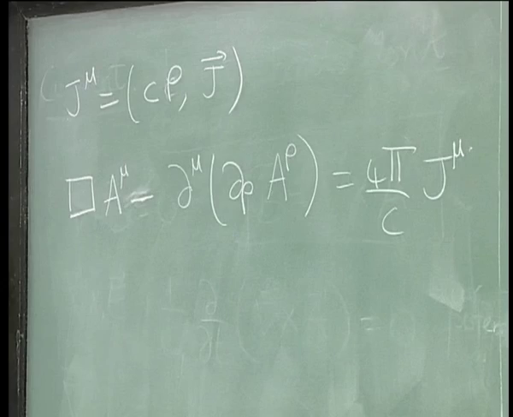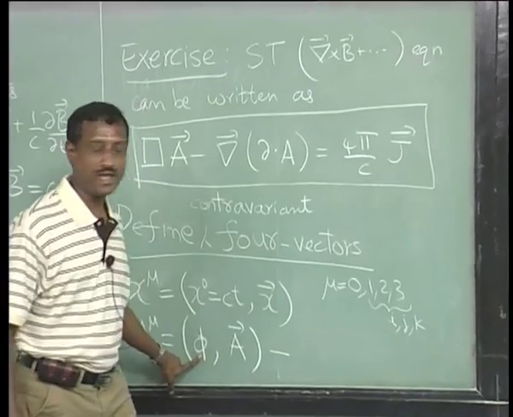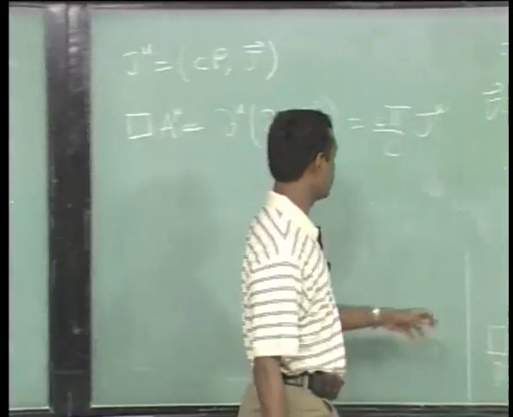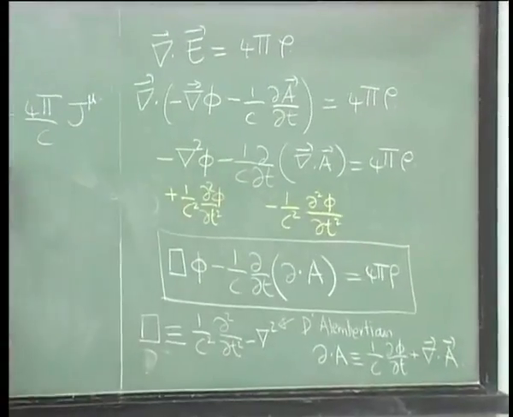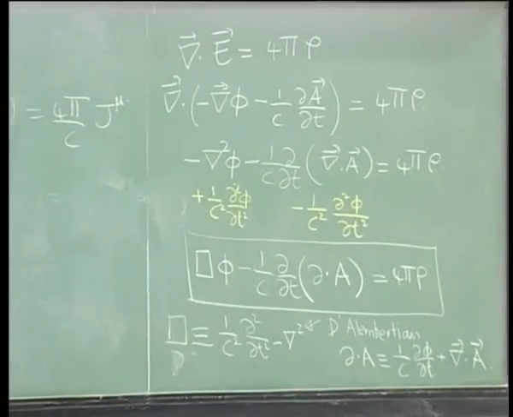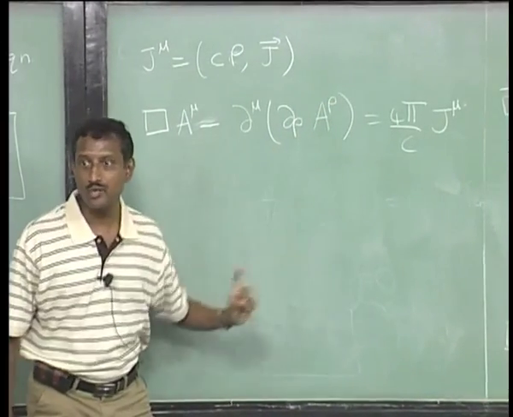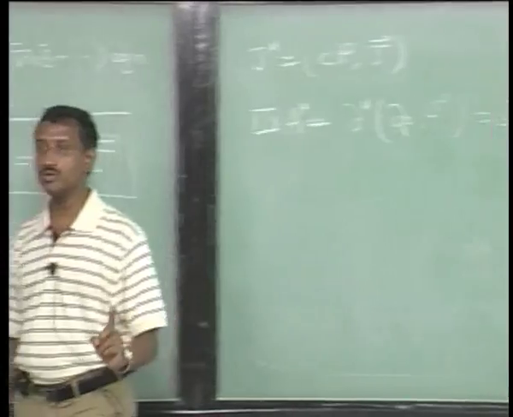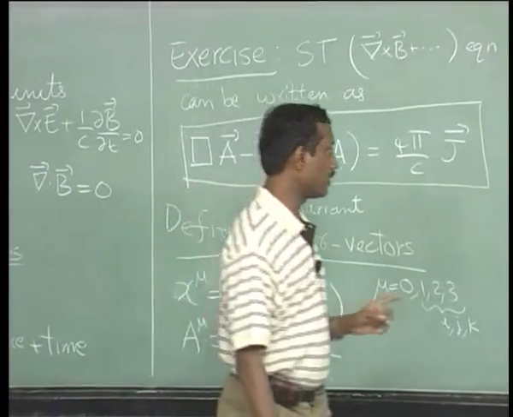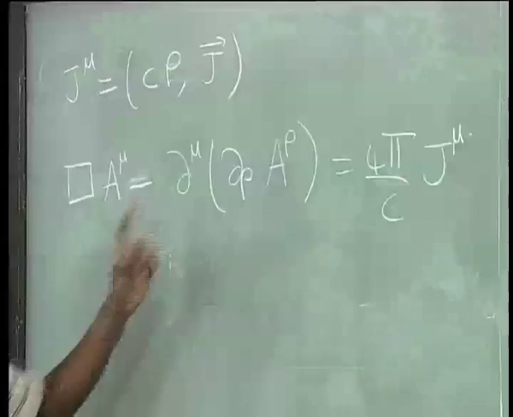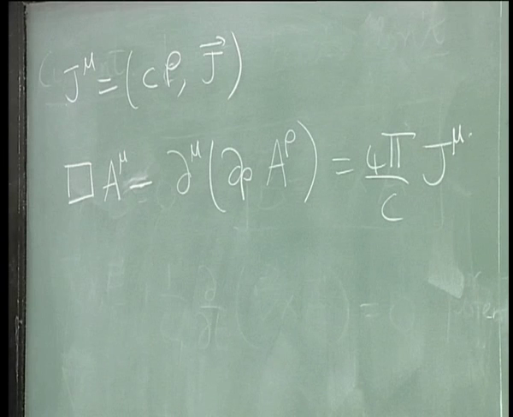So when mu equal to 0, A 0 is phi, so you end up getting this particular equation, and the rules are as always, we have one upper index and a lower index, they have to be summed over, but now they are summed over 0, 1, 2 and 3. Okay. And so I need to still define for you what these operators are.